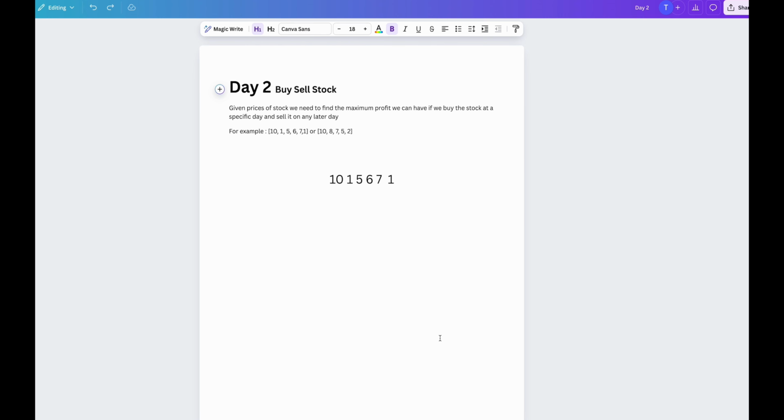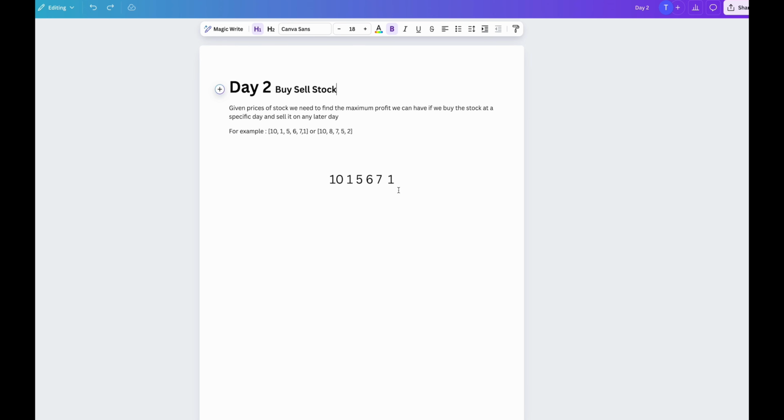Now, the index position of an array is a day in time. Given day 0, you have a stock price of 10. Given day 1, the price of the stock is 1, then day 2, the price is 5, then day 3, then day 4, then day 5.